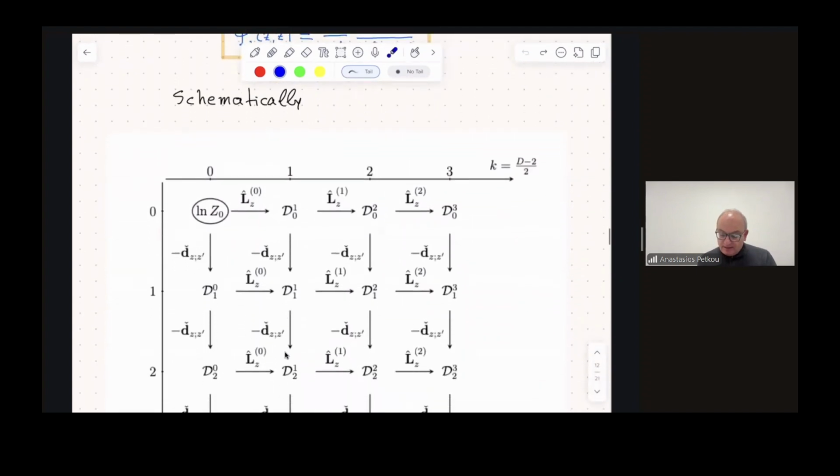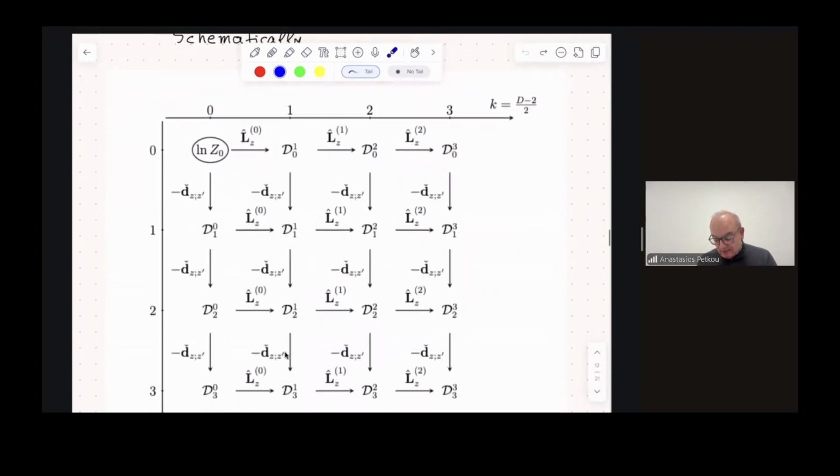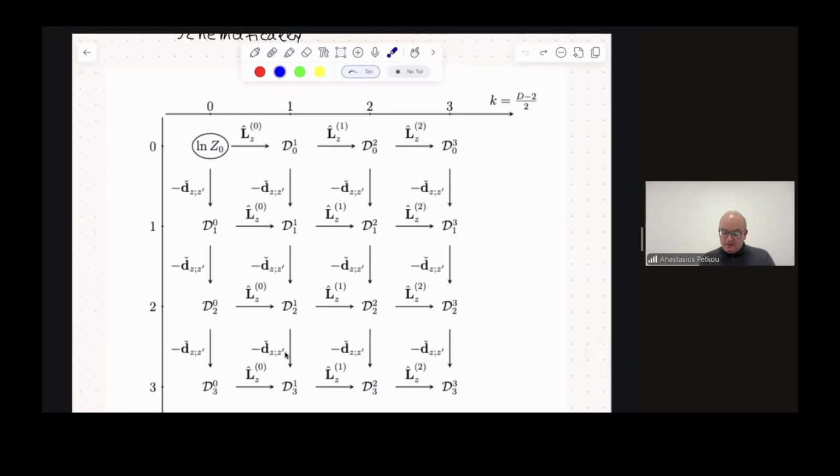Okay, so what did I do schematically, and why I think it's an interesting thing, is that now using L and D, we can start from the partition, the free energy of the harmonic oscillator, act many times in any direction we want with L and D, and actually they commute with each other, so I can act in any way I want, and I produce these functions D, L, and k.